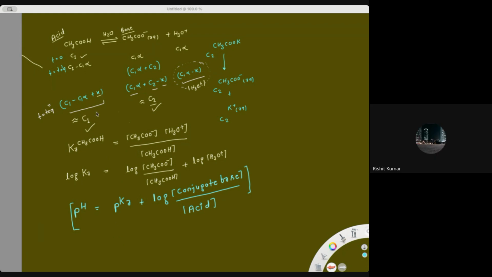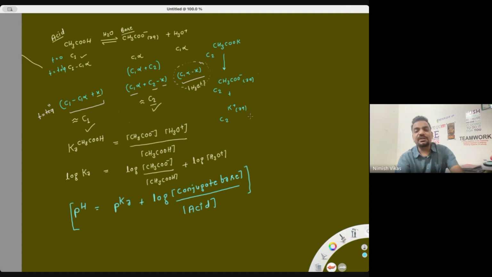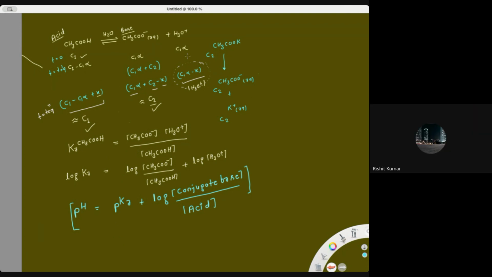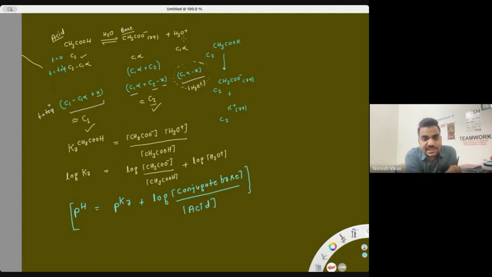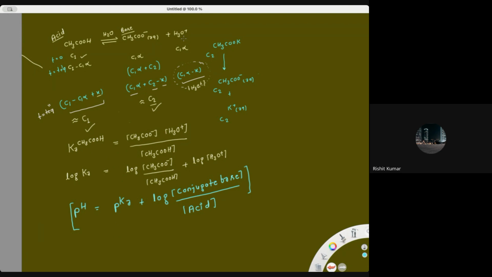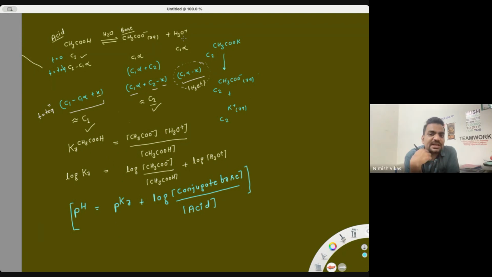So can H3O plus act as an acid, like in the buffer solution? Yeah, it is acting as an acid only, right? The main acid you took was CH3COOH. The thing is, this hydronium ion is also an acid, but its extent is very small. It is already pre-existing.